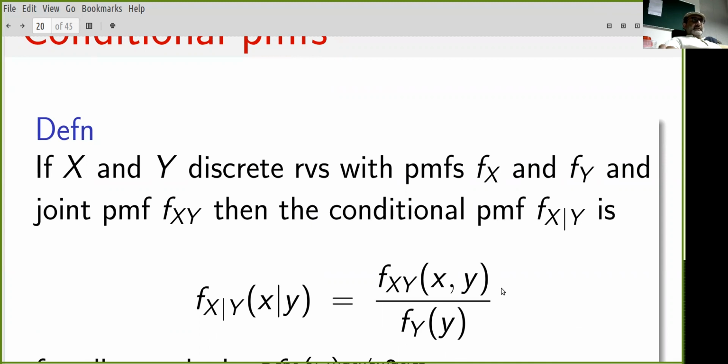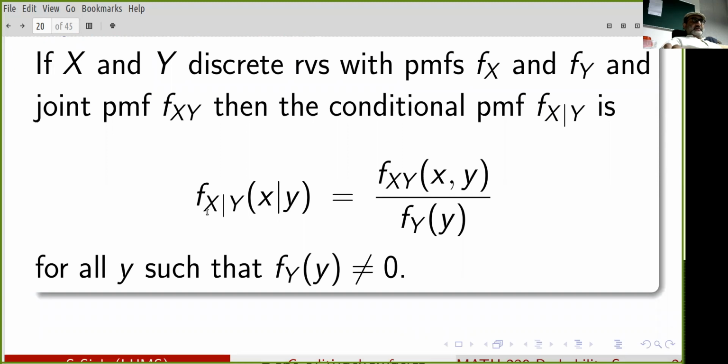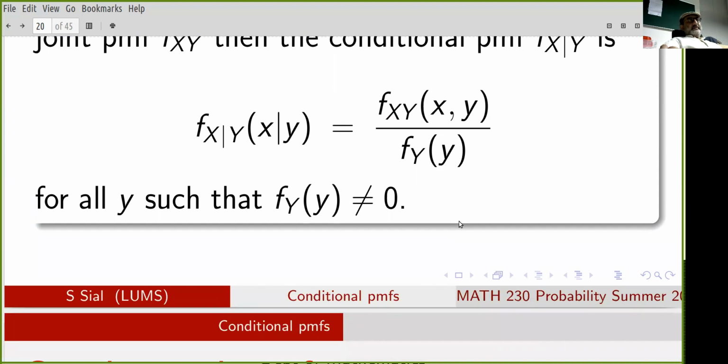If X and Y are discrete random variables with marginal PMFs f sub x and f sub y, and a joint PMF f sub xy, then the conditional PMF for x given a value y, we use this notation, x given y, is equal to the probability that X equals x and Y equals y divided by the probability that Y is equal to y, whenever the probability that Y equals y is not 0.